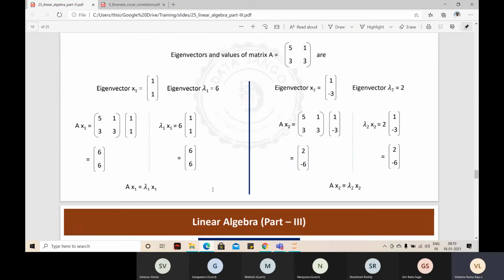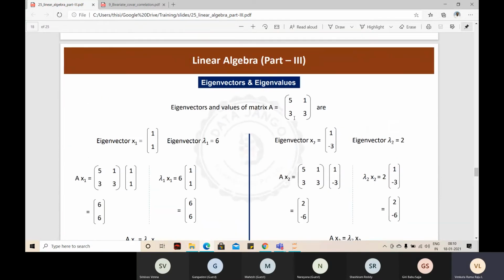Right? If this matrix is a covariance matrix, most of the covariance was extracted by the first vector, and a little less covariance was extracted by the second vector. Did you get that point? If this is a covariance matrix, this vector extracted more, this vector extracted less. How did I know? By looking at the eigenvalue.